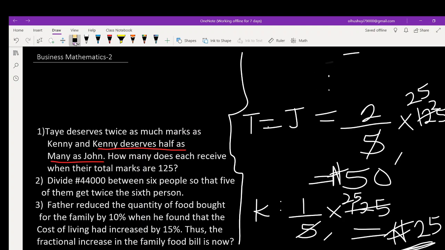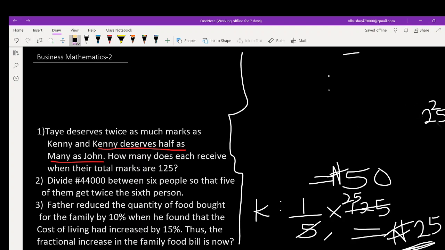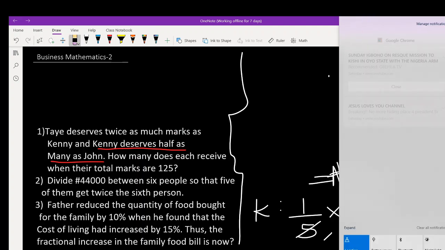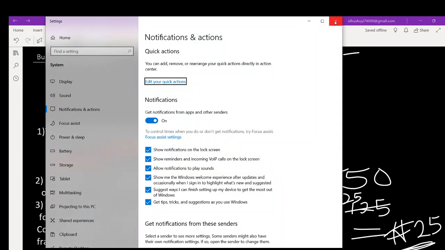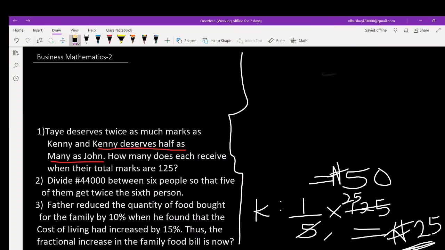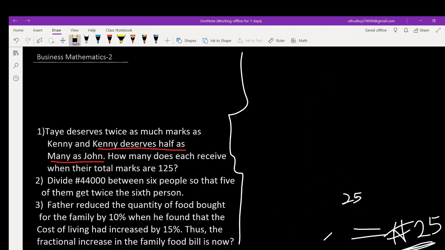The next question says, divide 44,000 between 6 people, so that 5 of them get twice the 6th person.